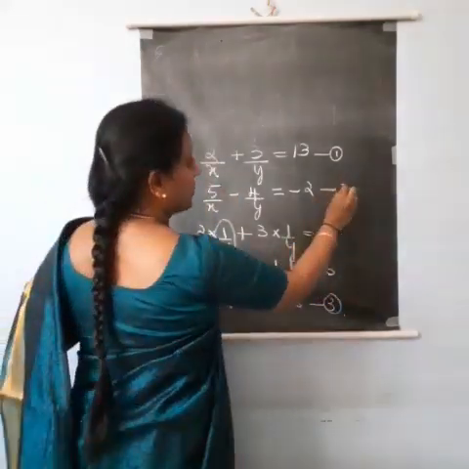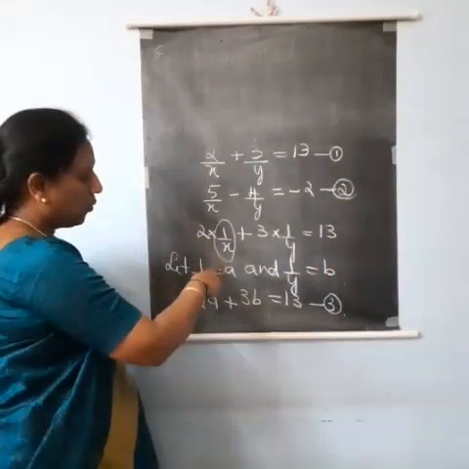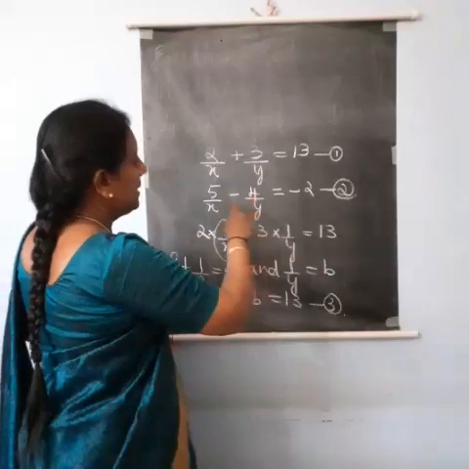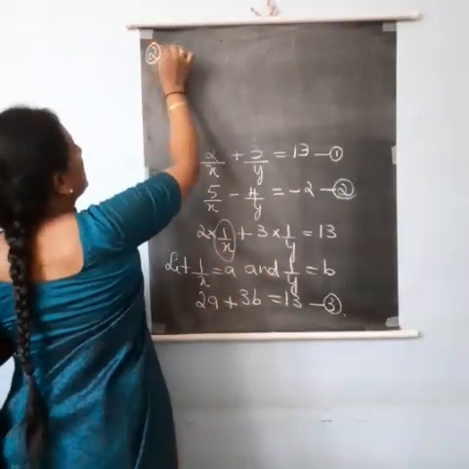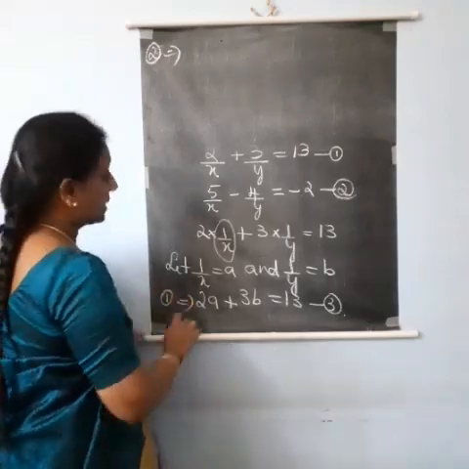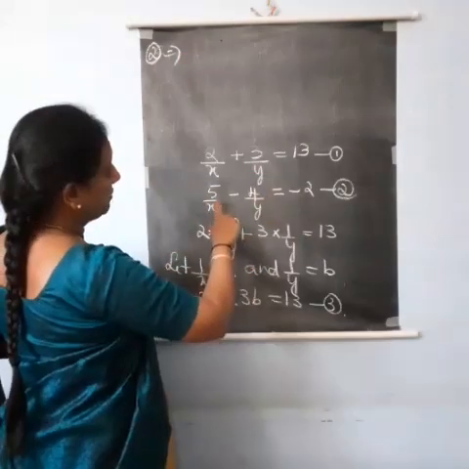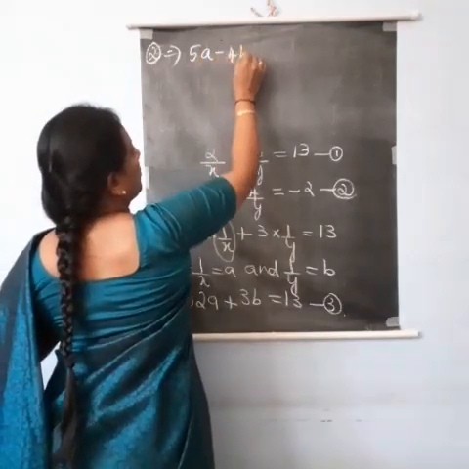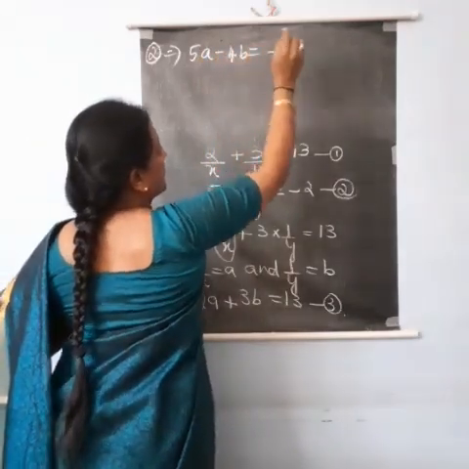Now the second equation, when I substitute 1 by x equal to a and 1 by y equal to b, then the second equation will become what? 5a minus 4b equal to minus 2.